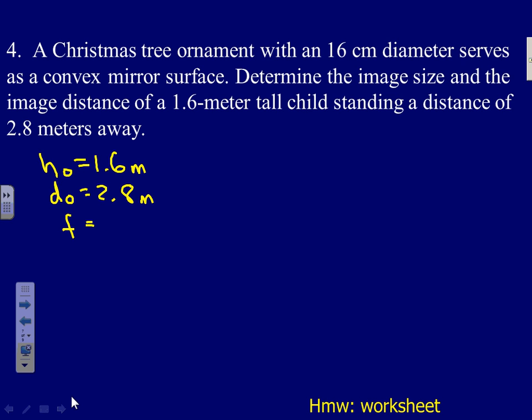The ornament is 16 centimeters in diameter. If I divide it in half, what do I get? So if I divide it in half, I have 8 centimeters as R.